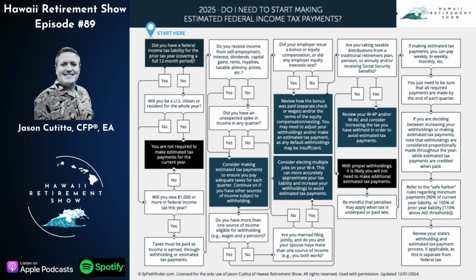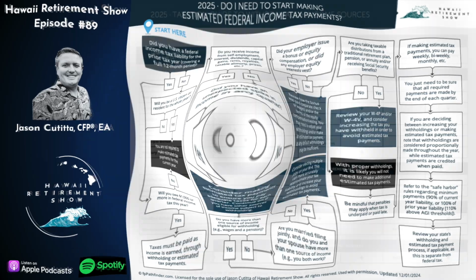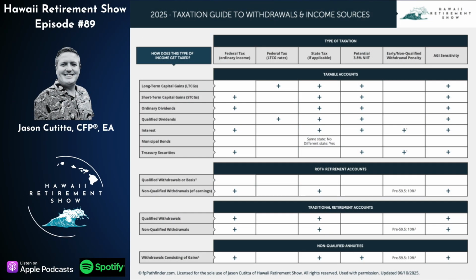Okay, so the safe harbor rules that I talked about, right? First, I said there's that $1,000 tax threshold, right? You have to owe $1,000 after your credits and your deductions and all of that. The other part is there's this safe harbor rule where if you pay 90% of your current year's tax liability, okay, I'll repeat that, 90% of your current year's tax liability, or 100% of the prior year's tax liability, then you satisfy the safe harbor.